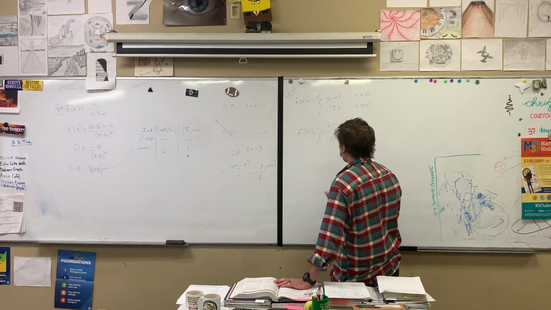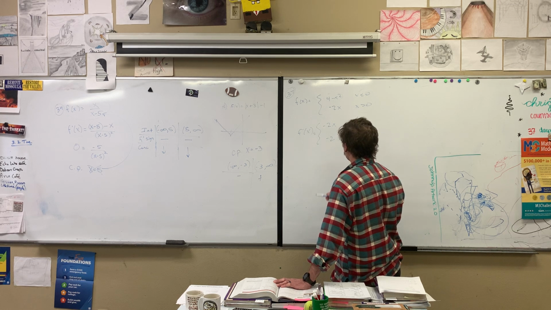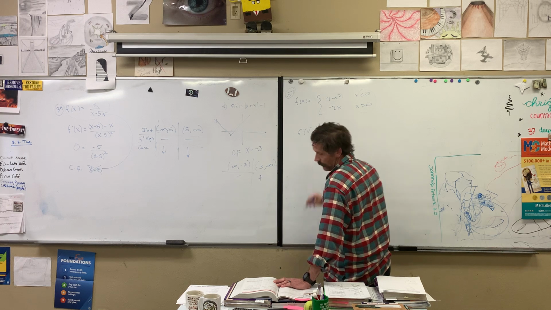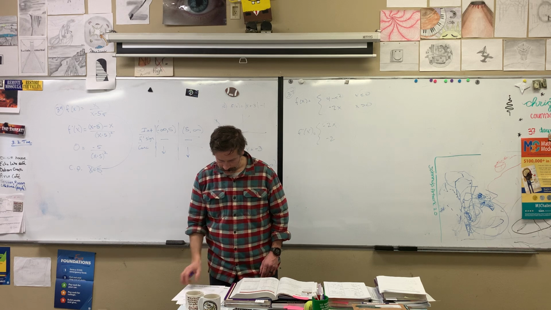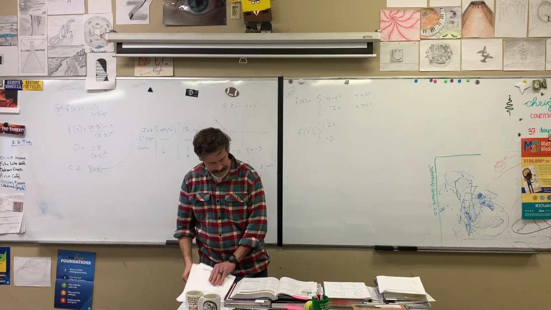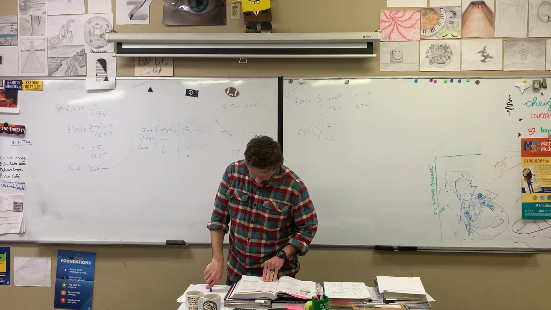Then you can look at what's happening where it's equal to 0, which is at 0, and then look at those intervals from that. So that takes care of those ones.